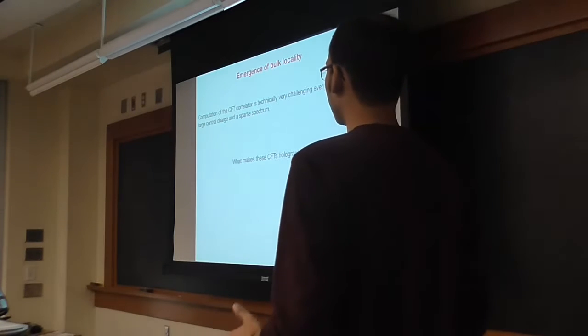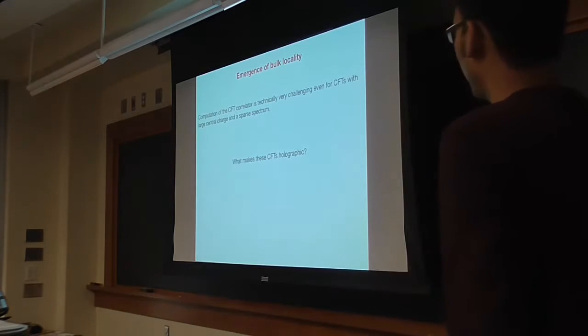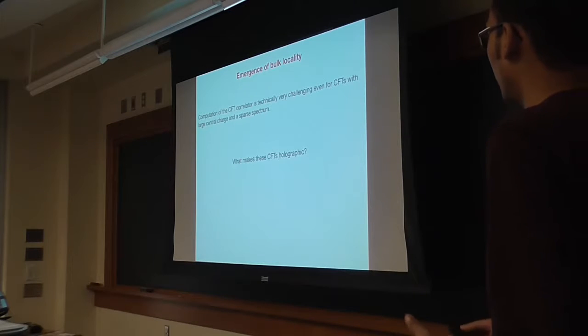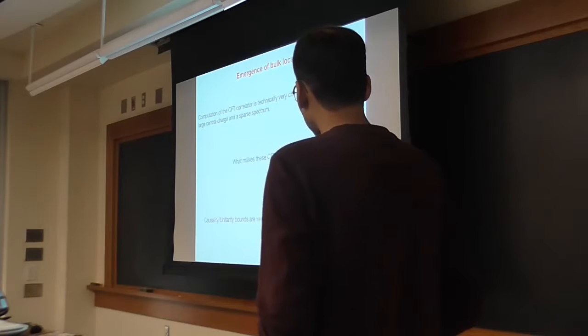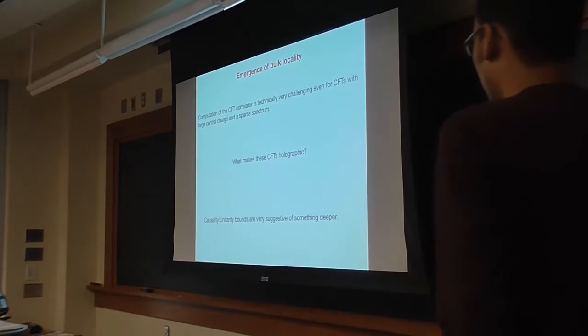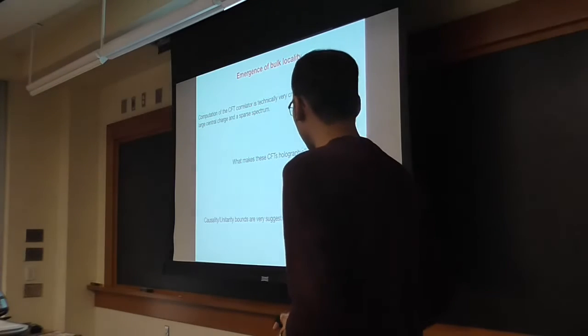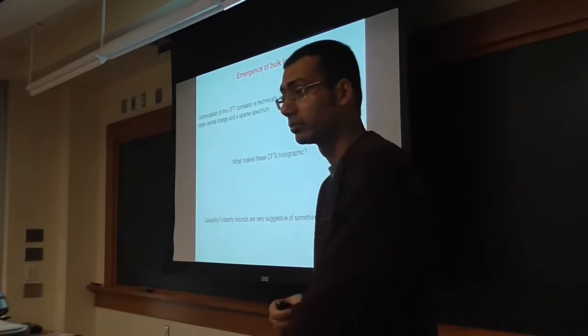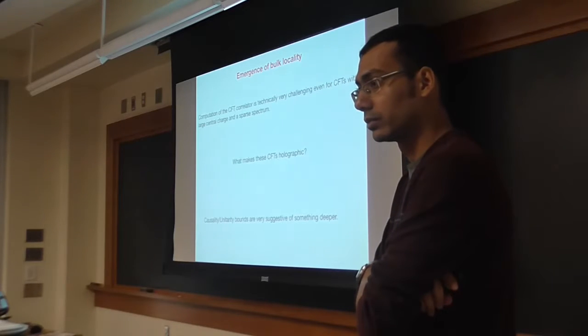It's just an observation that this particular set of CFTs behave as if they are dual to a bulk gravity theory. And these causality or unitarity bounds are very suggestive of something deeper. Sorry to stop you again. These CFTs, I thought we were talking about holographic CFTs.